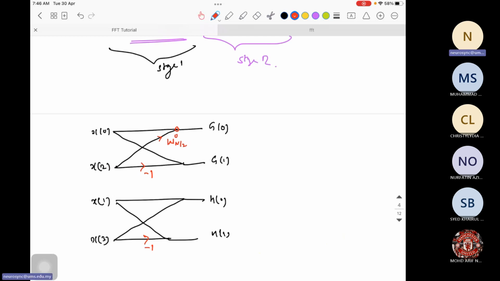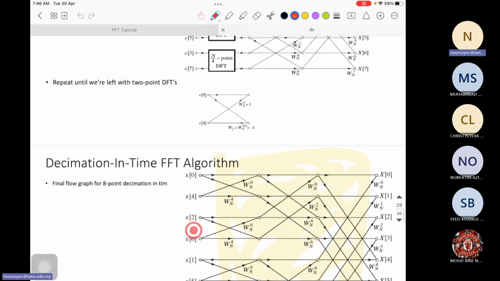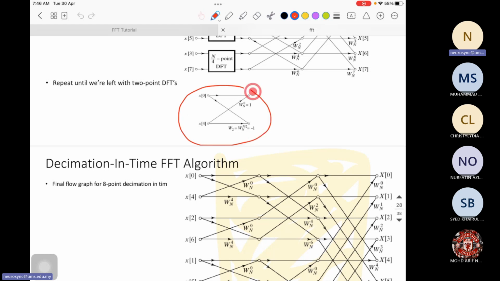So this G of 0 is basically x of 0 plus x of 2 times W n by 2 of 0. How did we get this? From this. This is for the n structure, so I have here W n of 0.